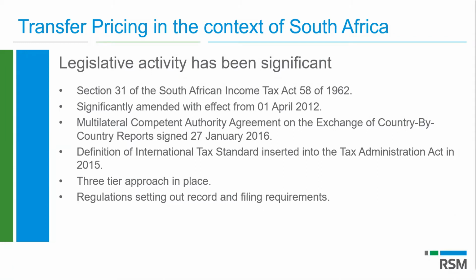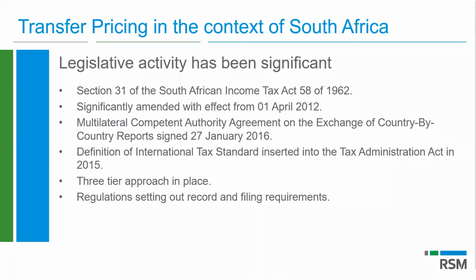So as a result of all of these legislative changes and amendments, what we have in place is Section 31, which in principle applies the arm's length principle. We have what is referred to as the three-tier approach in place. That three-tier approach means that we consider country-by-country reports.